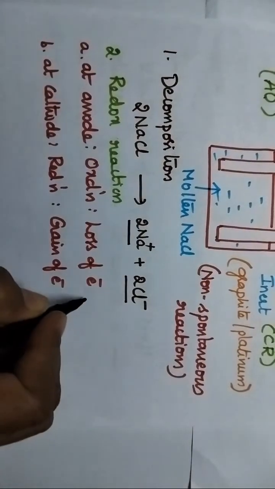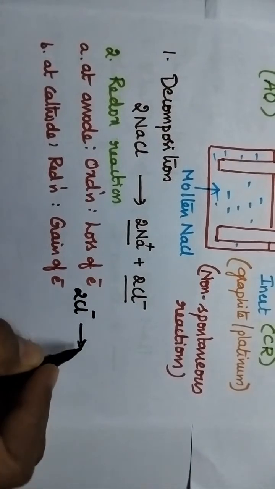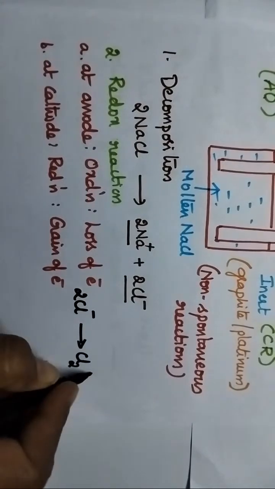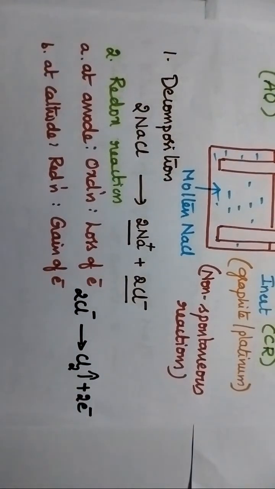Initially the anions move towards the anode and loss of electrons takes place with the liberation of chlorine gas. So at the anode, chlorine gas will be liberated.